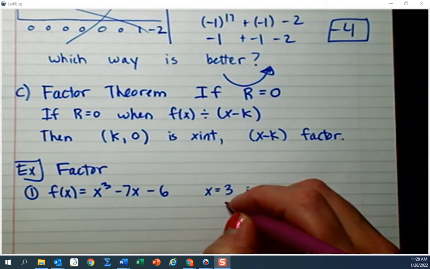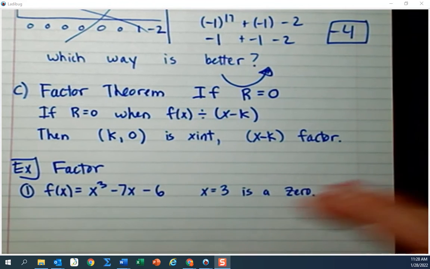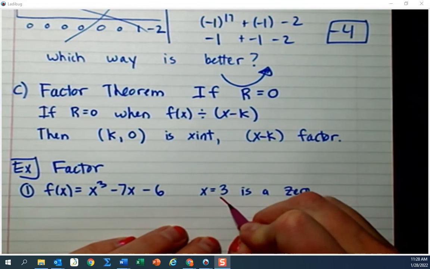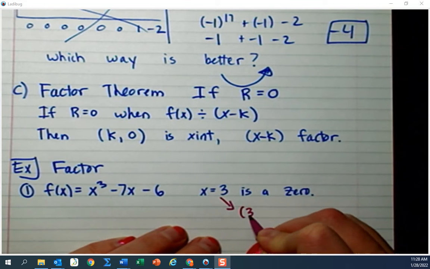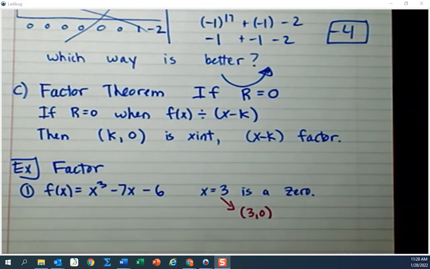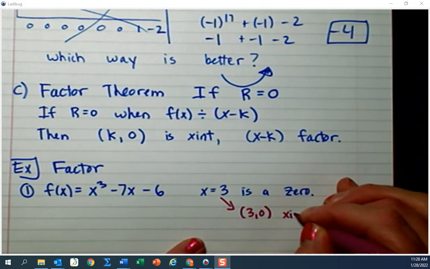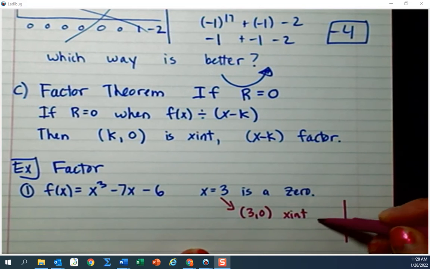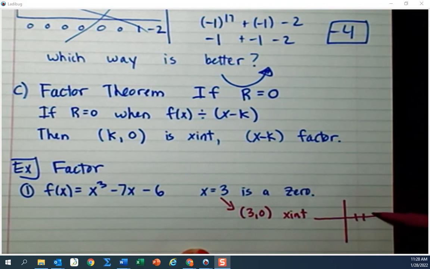All right, here's where the connections come in. I told you x equals 3 is a 0. That means 3 comma 0 is an x-intercept, which means it should look like that on a graph. I have no idea what the rest of this looks like, but I know that's supposed to be a point on the graph.